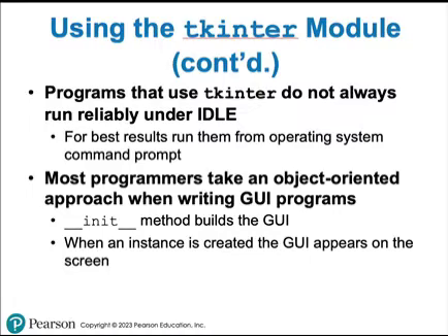The same is true for the tkinter module. So it calls its init method when you instantiate an instance of tkinter, and in addition to initializing any variables it needs, it actually initializes, creates, and displays the graphical user interface screen.